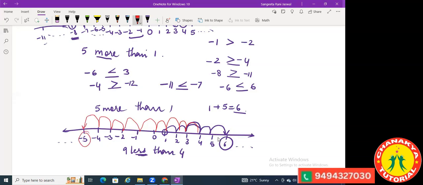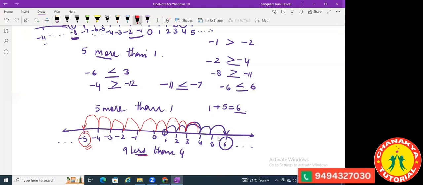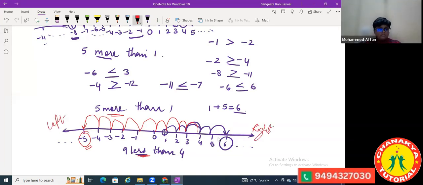I have reached -5. So when the word less is written, you will take steps towards the left side. Whenever more is written, you will take steps towards the right side. You got it? Yes, ma'am.